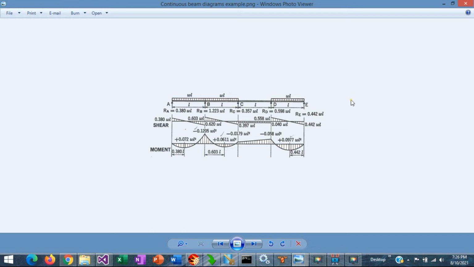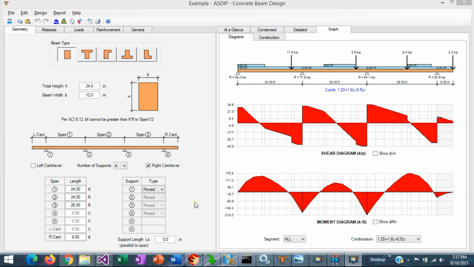But for unequal span lengths or more complex types of loads, it's necessary to develop the shear and bending moment diagrams from scratch. To illustrate how ASDIP Concrete calculates the shear and bending moment diagrams, I have prepared an example. This is a continuous beam of 3 spans with 1 cantilever.